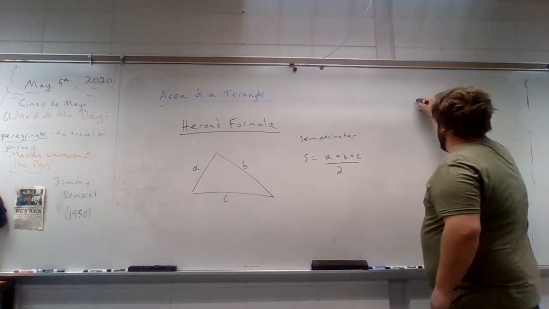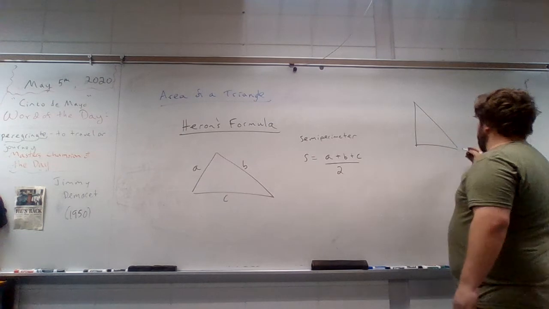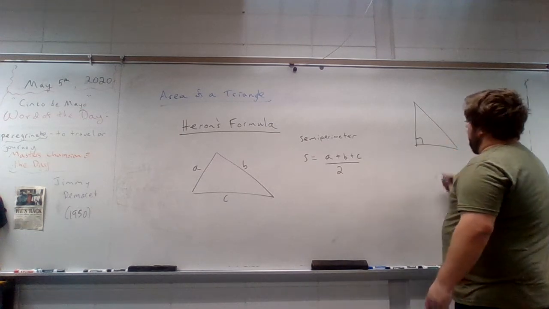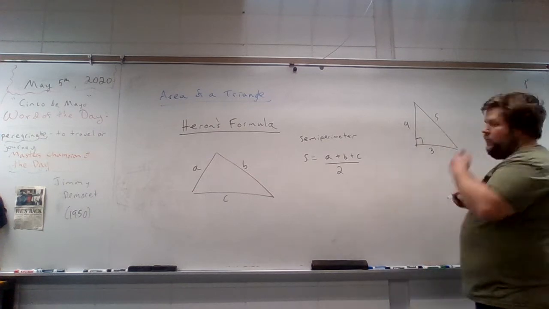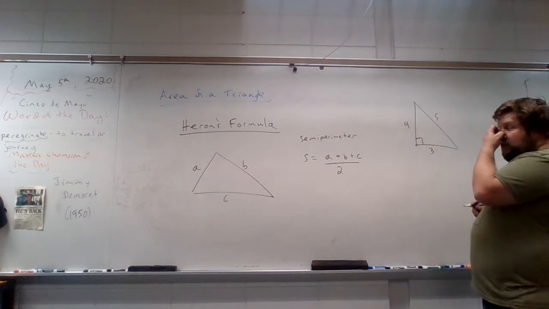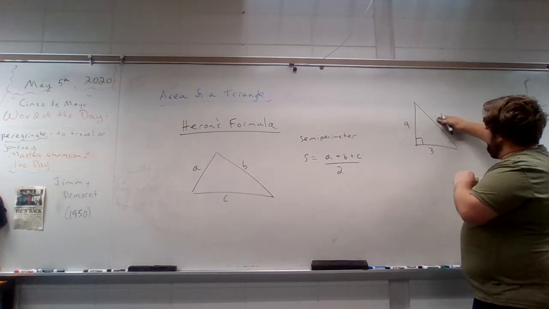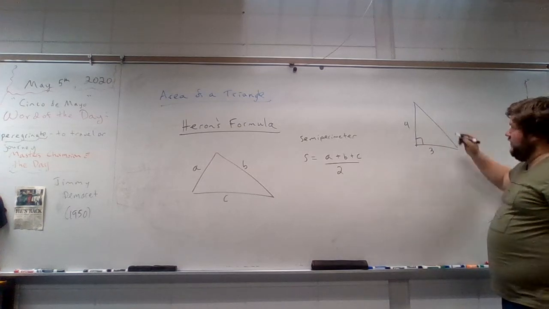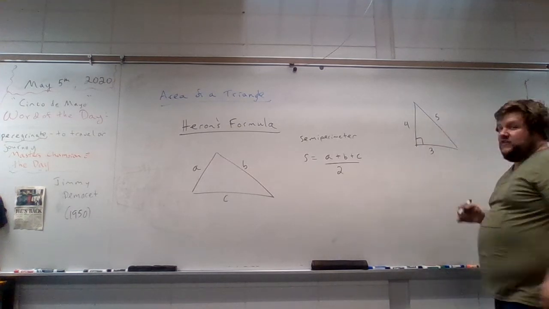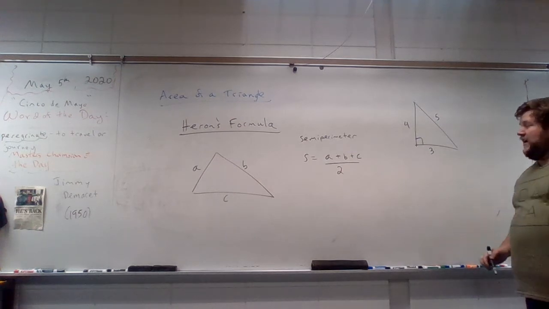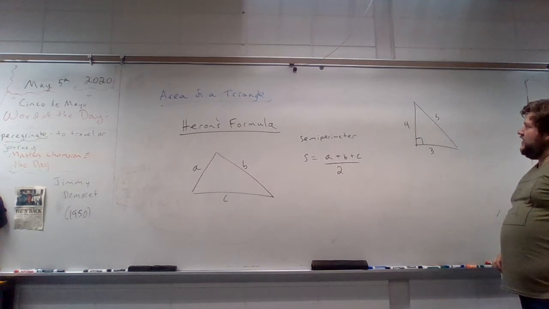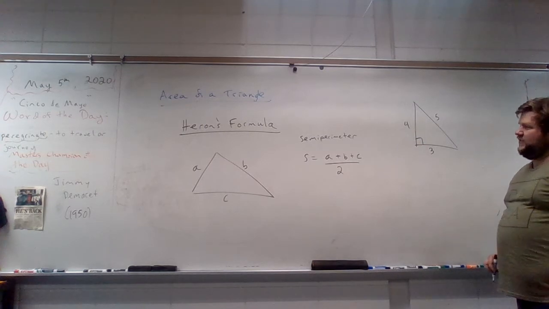This formula comes out of left field a bit, but I think it's so cool because I'm going to show that it works on this 3, 4, 5 triangle. We've already found that this third side is 5, and we've already talked about how the area of this triangle is 6. Let's verify using Heron's formula that the area is 6.